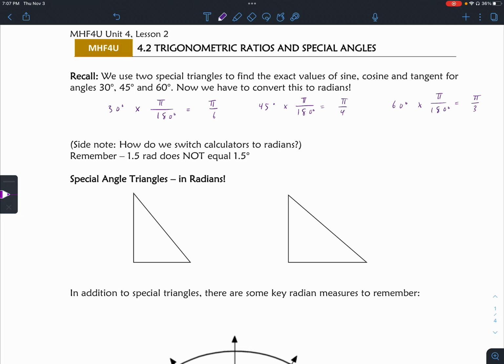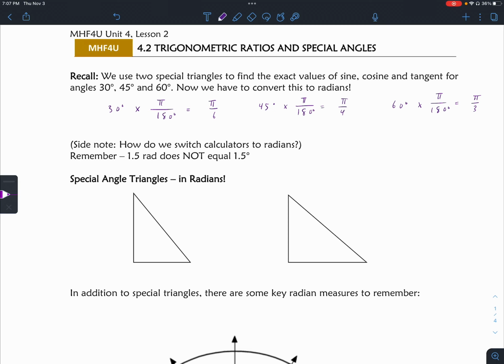On a Casio calculator, you would press mode, or shift mode, and then you'll be able to change from degrees to radians, or go back to degrees if you ever need to.